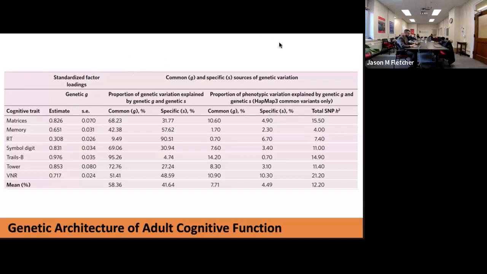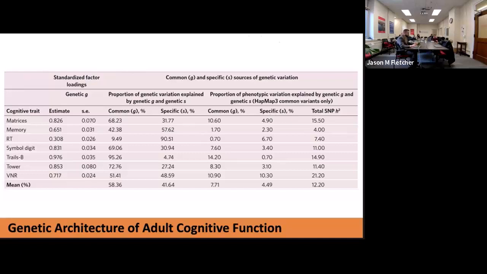variants. So the general factor of cognitive function, this genetic G factor, accounted for 58% of the genetic variance in the 7 cognitive traits. However, interestingly, what we found is that the proportion of genetic variation in each trait accounted for by the shared genetic component differs substantially across traits.